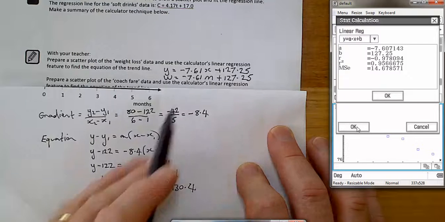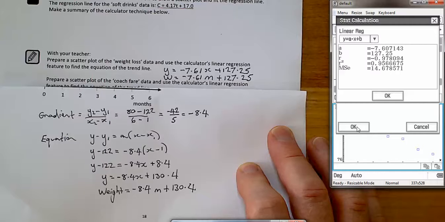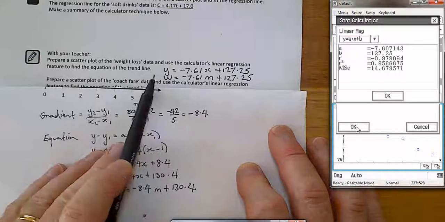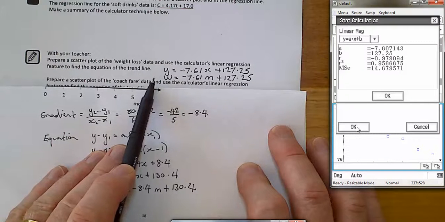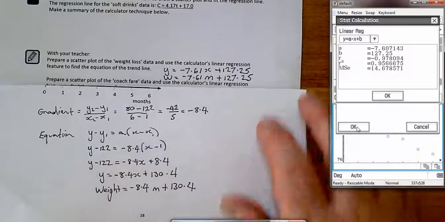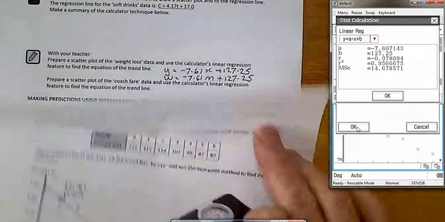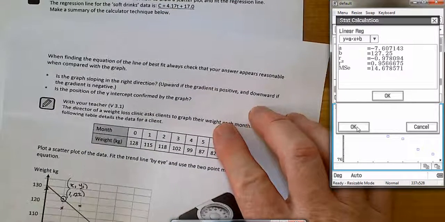We've got very similar results, not exactly the same. I would tend to say that this regression technique is a little bit more accurate than what we did when we were trying to fit the line of best fit by eye.